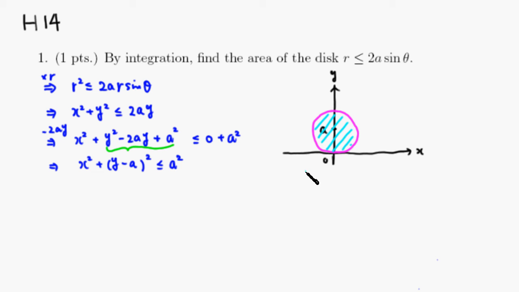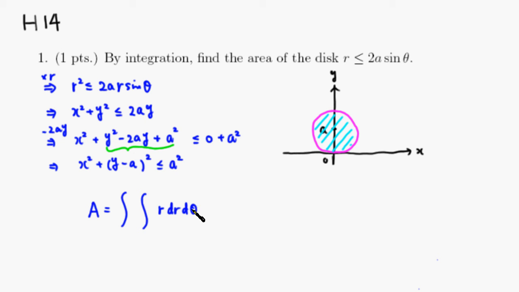So let's set up an integral. Let's use polar coordinates. The area of the disk is going to be a double integral, and the area element for polar coordinates is r dr d theta.